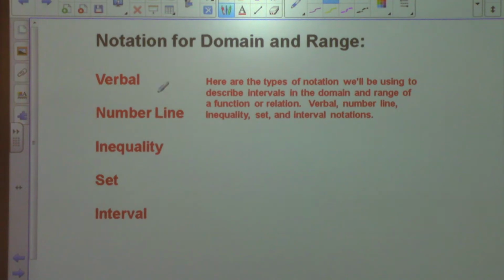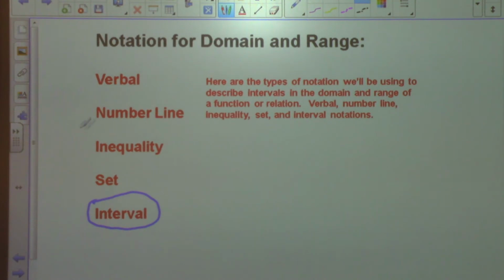And here are the types of notation that we're going to be using to describe intervals and the domain and range of a function. Now, in your development as mathematicians, you're gradually going to gravitate more and more toward using interval notation, which you may not have ever seen, but you're going to see today.